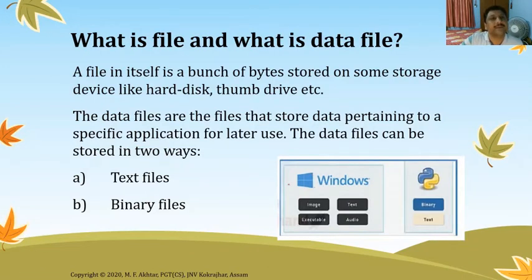Now we will learn what is a file and what is a data file. As we know, a file is itself a bunch of bytes stored on some storage device like a hard disk, thumb drive, etc. Every time we work, we work on files, for example a picture file or a video file.